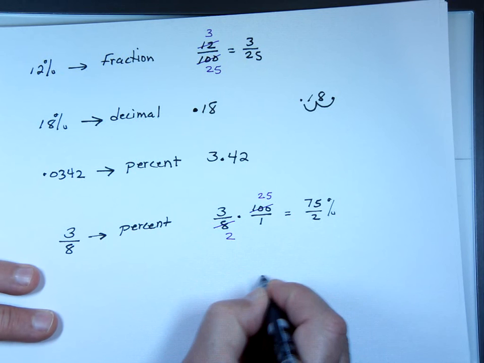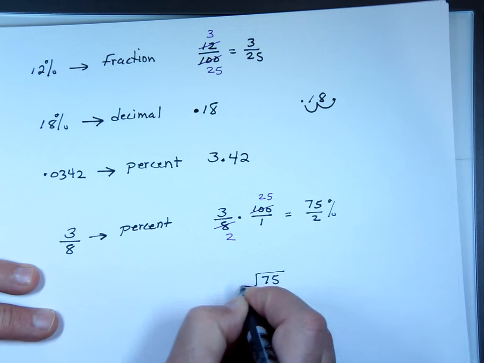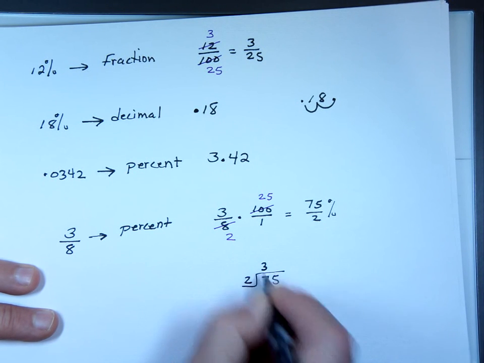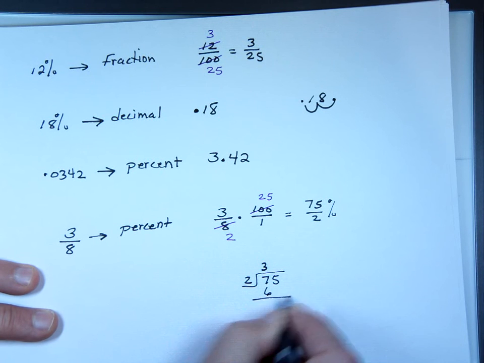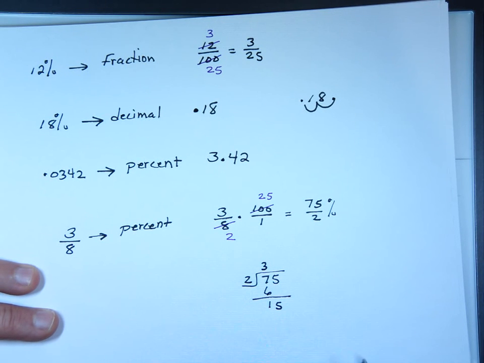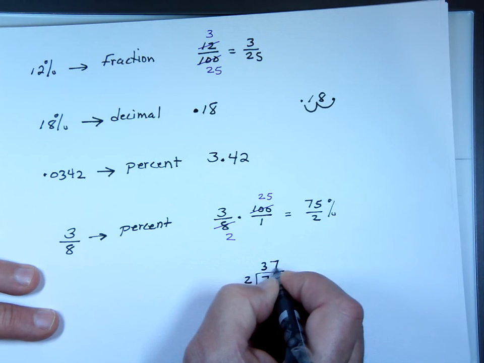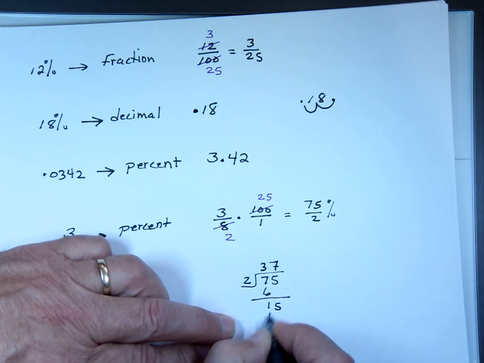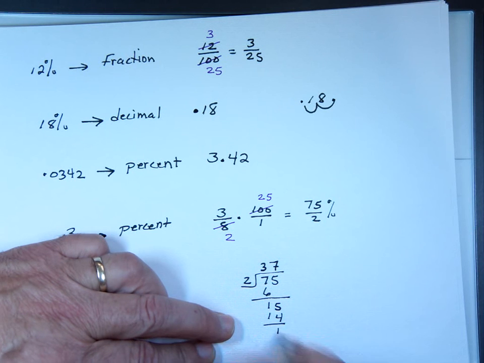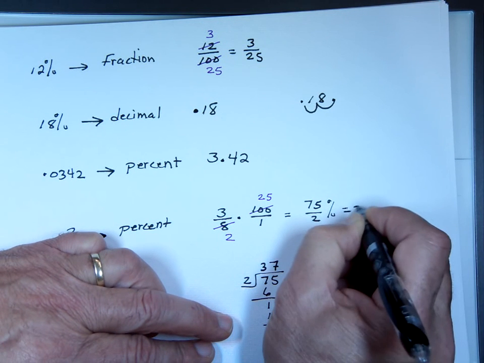75 divided by 2, you go 3. 3 times 2, 6. 15 divided by 2. 7. 7 times 2, which is what? 14, remainder is 1. So you can write that 37 and what? 1/2%.